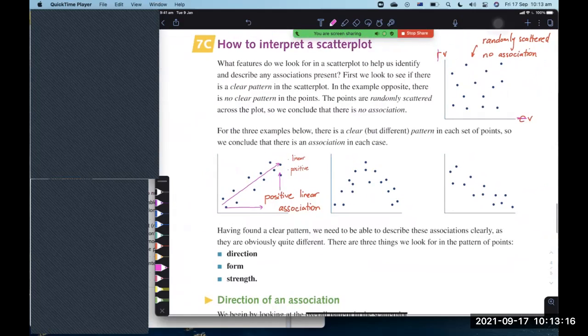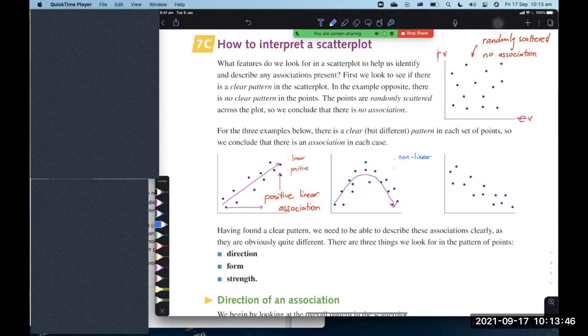The next idea here, if we break it down, you can see that it's non-linear. The shape of it here is non-linear. And if you want to describe it more clearly, you can say it's a parabolic shape. It follows a parabola.